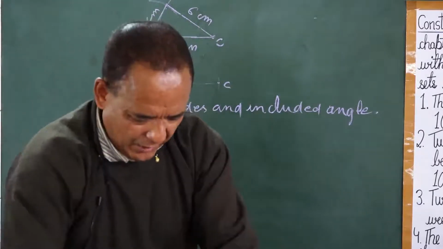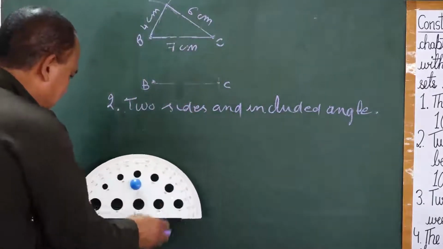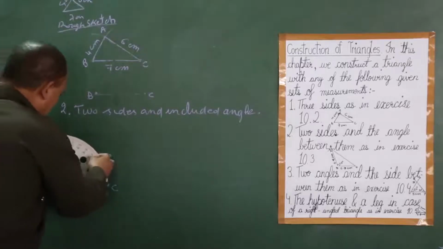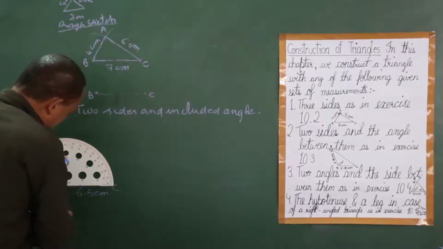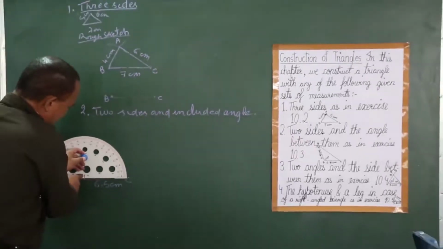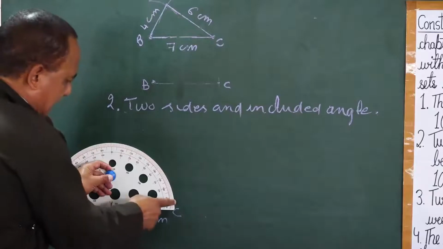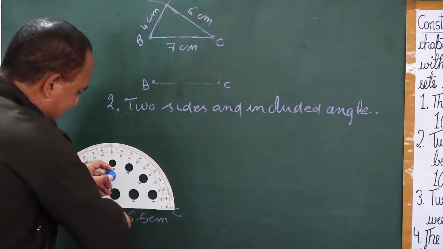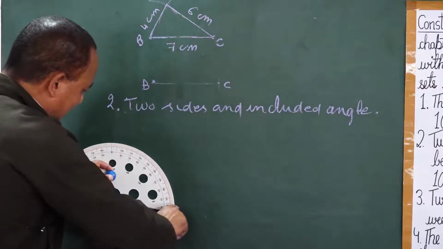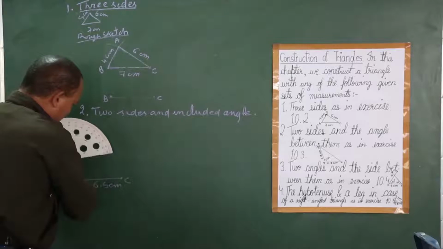So what I have now, I have this one at B. I have to use this one. The arrow, or the zero mark of the protractor, should be on B, and the line which goes from here to here, that zero line, should be on BC.